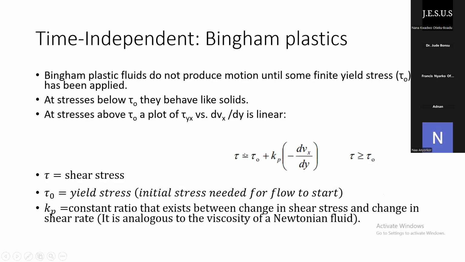Realize that this is not equal to Newton's law of viscosity, which is just your shear stress being proportional to your shear rate. With this one, when our shear stress becomes more than our tau naught, then the fluid starts moving. If not, the fluid wouldn't move.